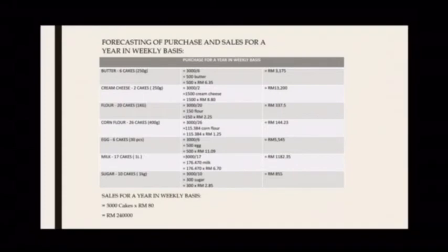The total purchase for 6 cakes is 5,545 ringgit. Milk for 17 cakes is 1,182 ringgit and 35 cents. And the purchase for sugar, 10 cakes for 1 kg, is 855 ringgit.